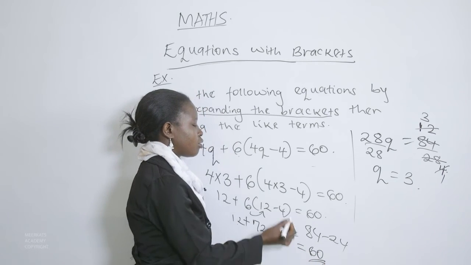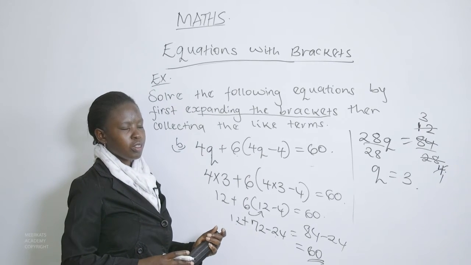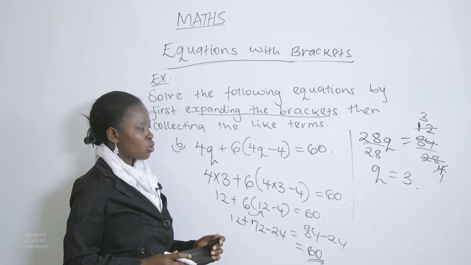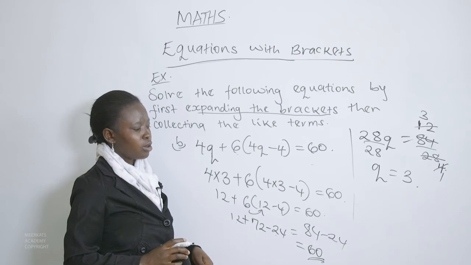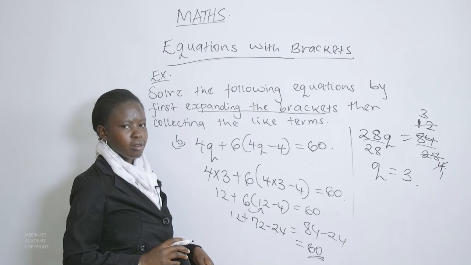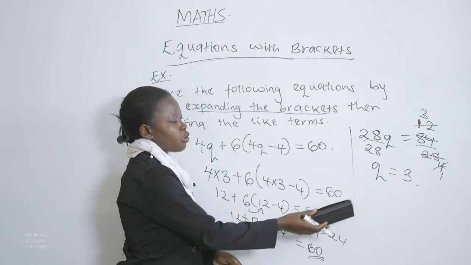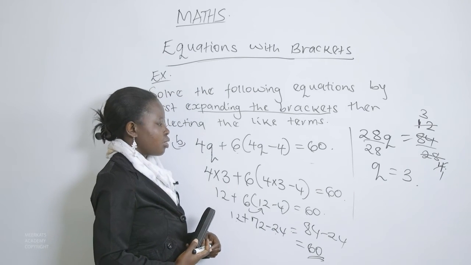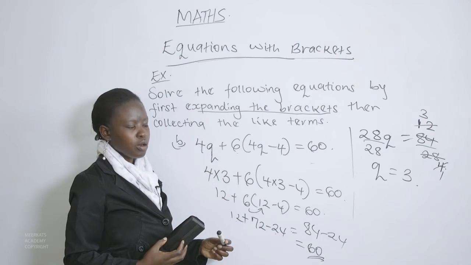So we notice that if our value for q is equal to 3, then the expression on the right hand side will be equal to the value of 60, which is the value on our right hand side. So our value for q is 3. Our value for q being 3, then it means that the equation is correct.